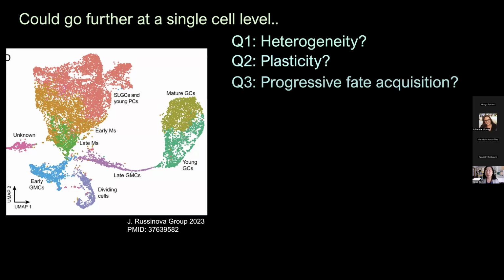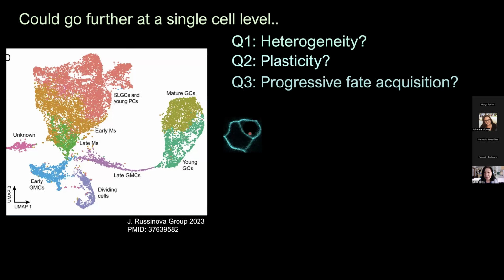And of course, there's the question of progressive fate acquisition, because meristemoids, as I mentioned, divide asymmetrically a few times before committing to final differentiation. And not just fancy analysis, some simple observations can also provide great insight.